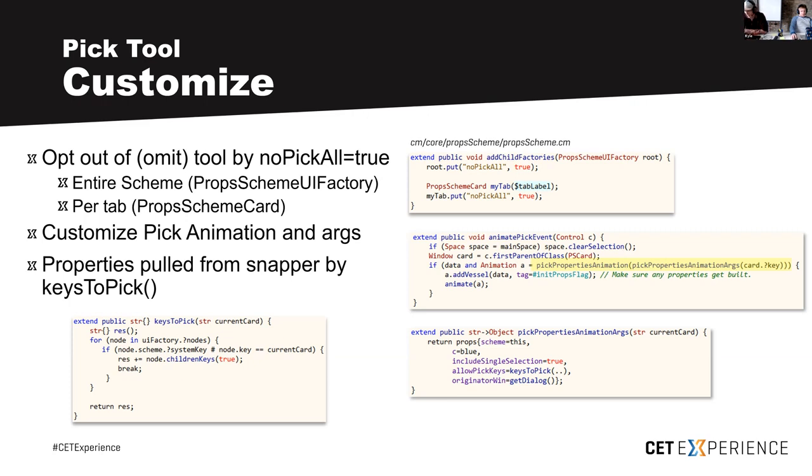You could modify that if you want to, but this will show up in the next slide. It's just hard to keep track of where some of these things go sometimes. But yeah, keys to pick is assigned to allow pick keys.